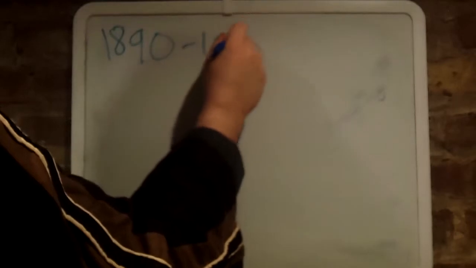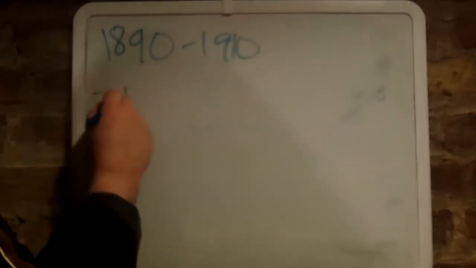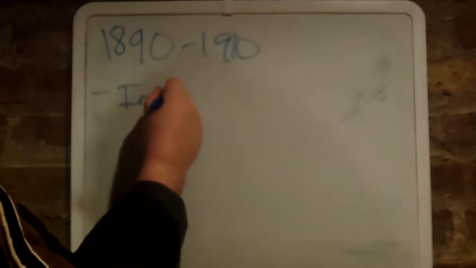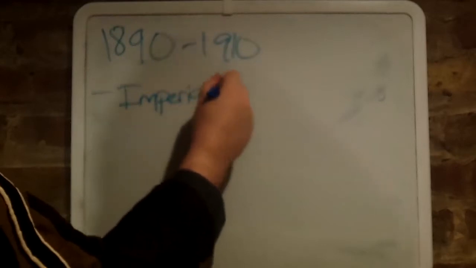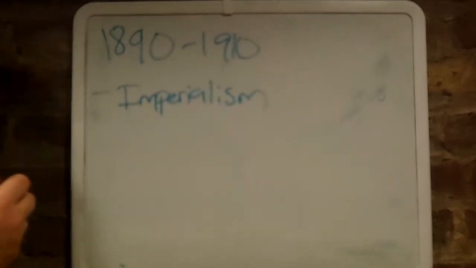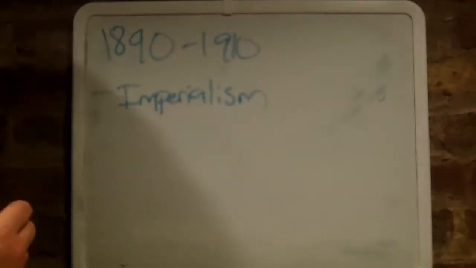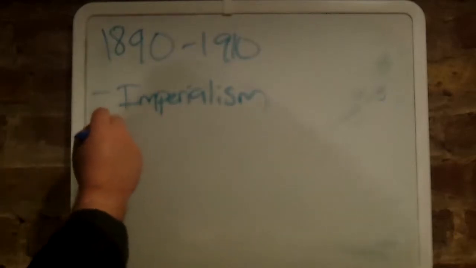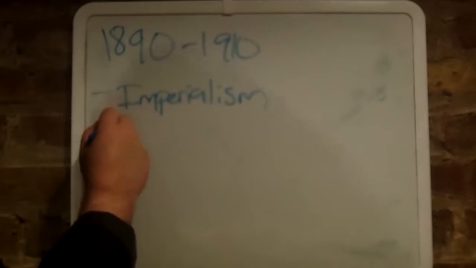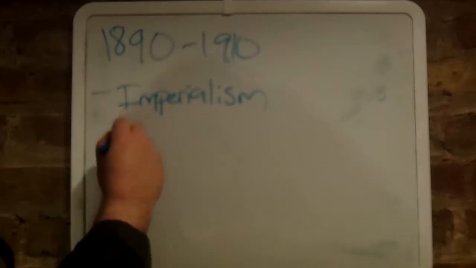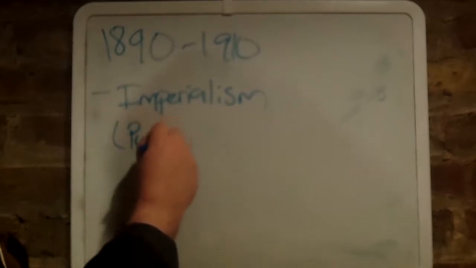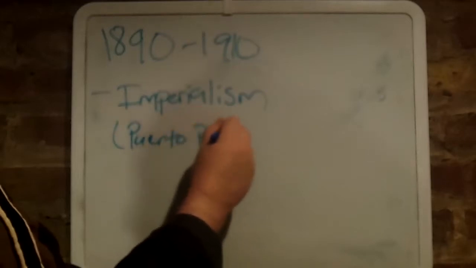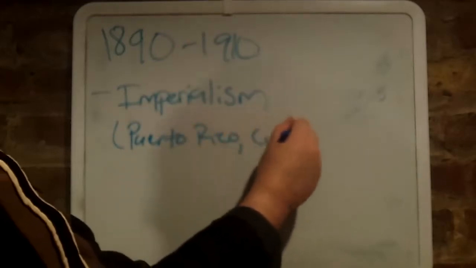So this was America's era of imperialism. The U.S. acquired a number of territories abroad and concessions. So from Spain, we gained control of Puerto Rico, Cuba, and the Philippines.